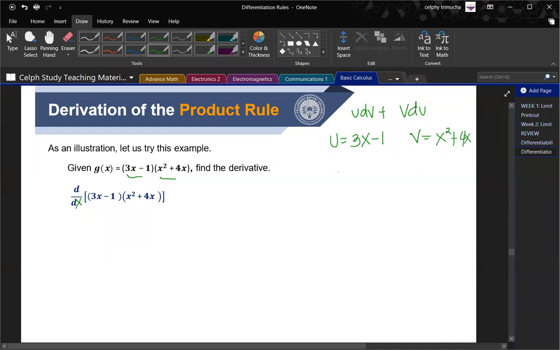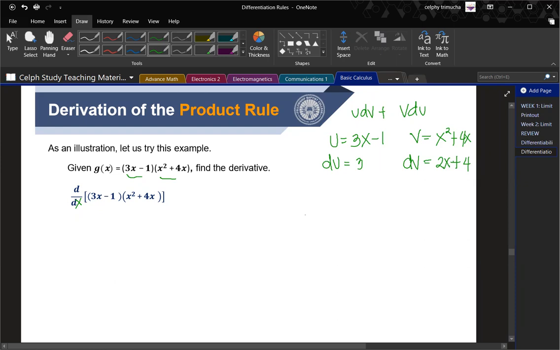Okay, now derived naton we will have aton nga du. Derivatives ng 3x minus 1 will be derivatives ng 3x, 3 na lang. Derivatives ng 1 will be 0, so 3 na lang aton nga du. Para sa aton nga dv, or derivatives ng aton nga v, so x squared, derivatives ng x squared will be 2x plus derivatives ng aton nga 4x will be 4.